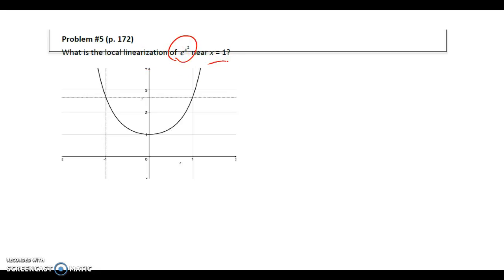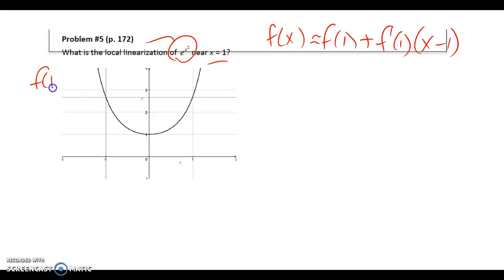Okay, so what that means is, first we have to take the function. Our approximation is going to be f at 1 in this case, plus f prime at 1, times x minus 1. We plug in those 1s, and we're going to get an equation, okay? So f of 1 equals e, doesn't it?